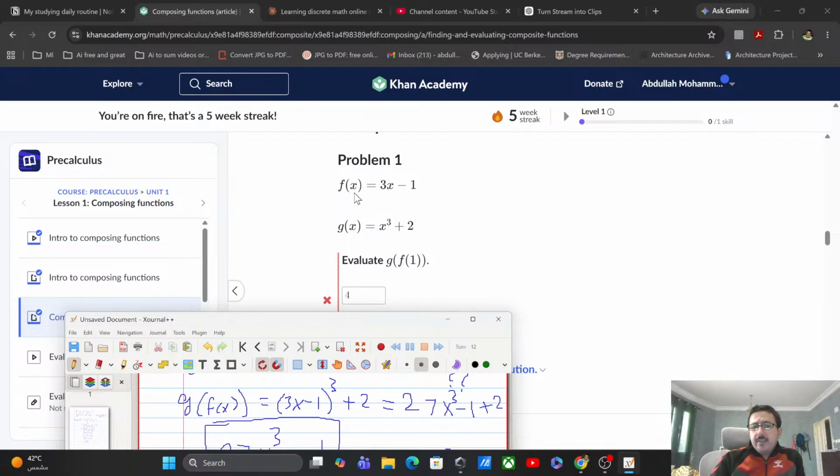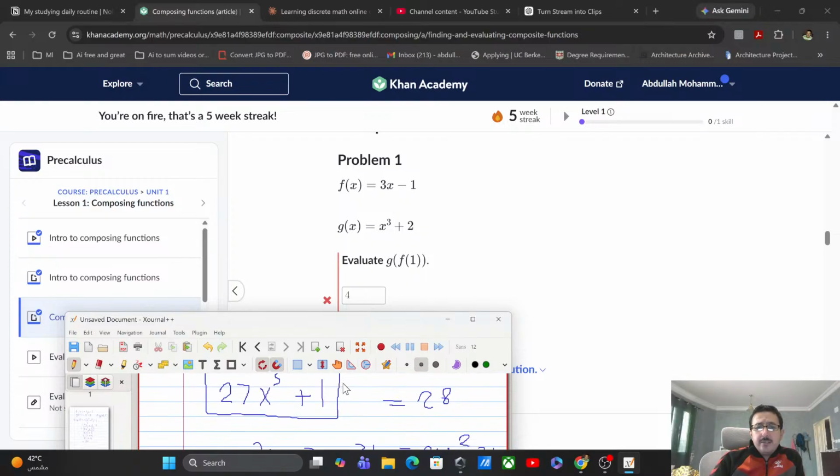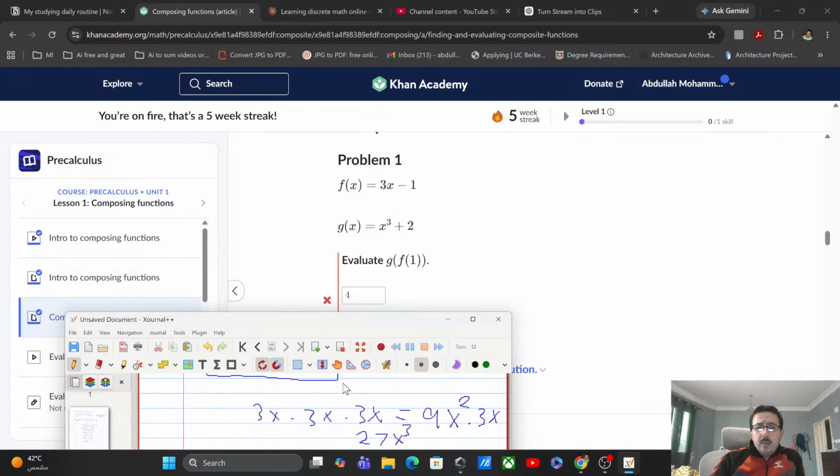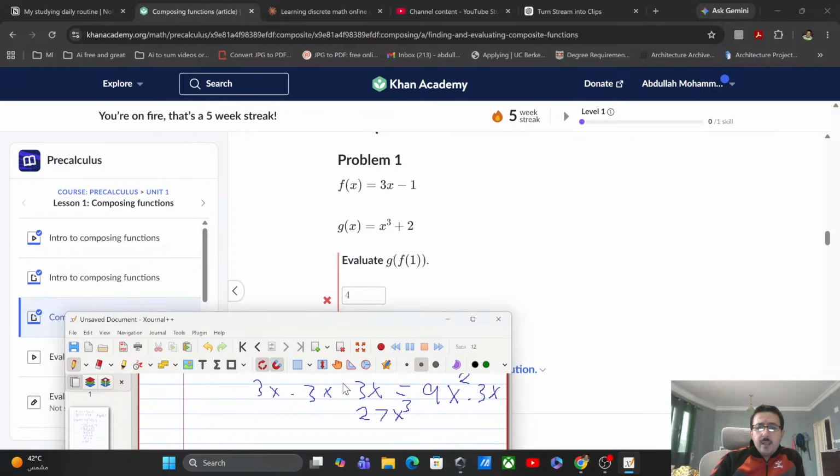Are you saying that this x is not the same as this x? So it's going to be here 3 minus 1, that's 2. 2 here, 8 plus 2, that's 10. Why isn't this checking out? This is not going to check out.